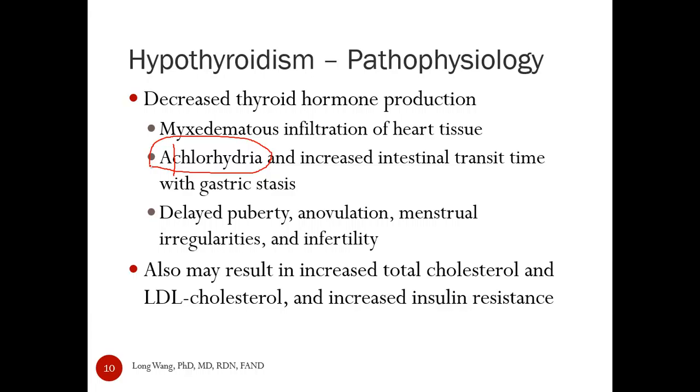In addition to all these consequences, all the complications in different systems in the body, patients with hypothyroidism may also have increased total cholesterol and LDL level and increased insulin resistance. So metabolism really is affected in many aspects.